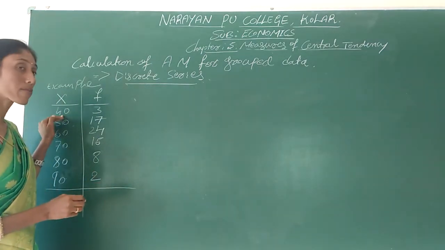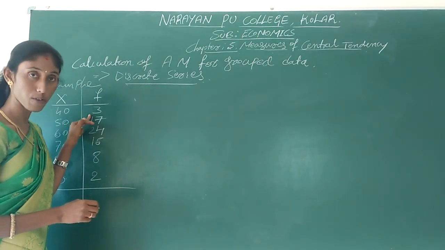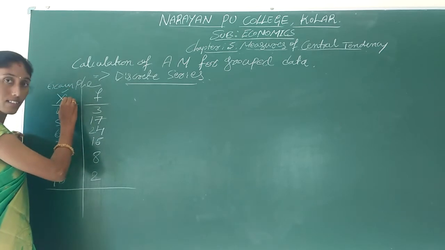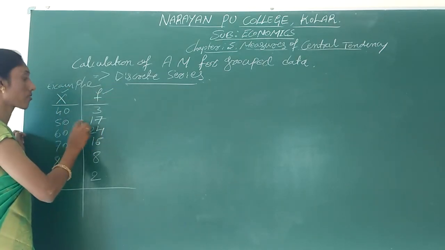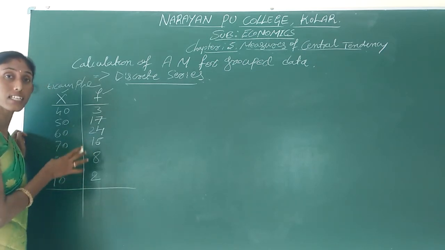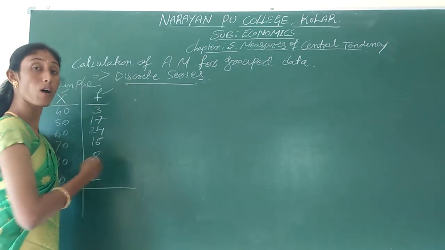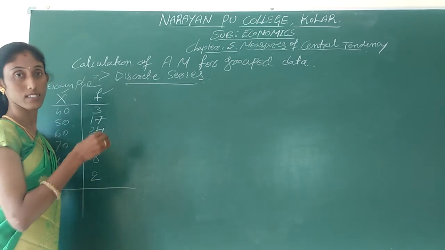Likewise, how many times the observation appears is shown in the frequency. Now you got it, right? The observation column we mention with X, and the frequency column with F. If the data is in this form, it is called a discrete series. And when the data is in discrete form, how to calculate the arithmetic mean, that we are going to discuss.